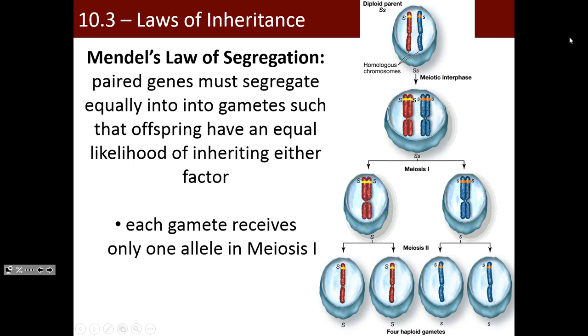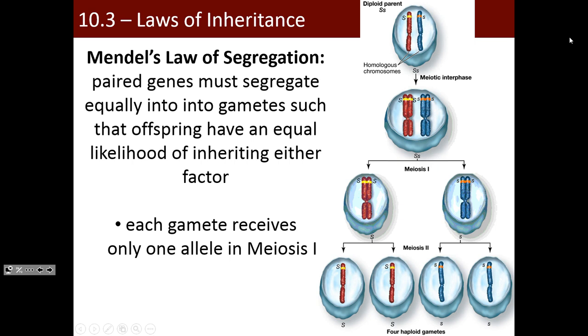In the first division, the homologous pair of chromosomes separates so that the genetic information that came from one parent goes to one side, and the information from the other parent goes to the other side. So here, the 2 alleles are going into opposite cells. And in meiosis, we have a second cell division, and that's where the sister chromatids come apart. So we make 4 gametes, and each one of those gametes has an equally likely chance of receiving any of the genetic information in the parent.